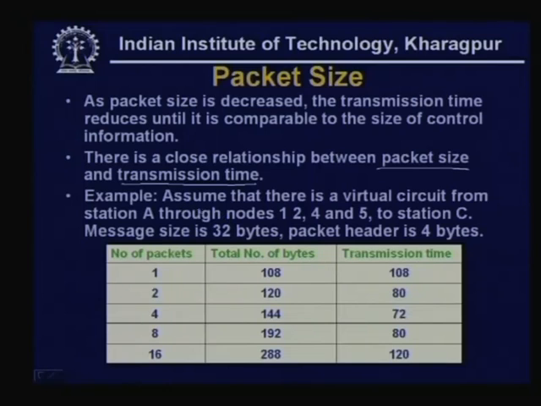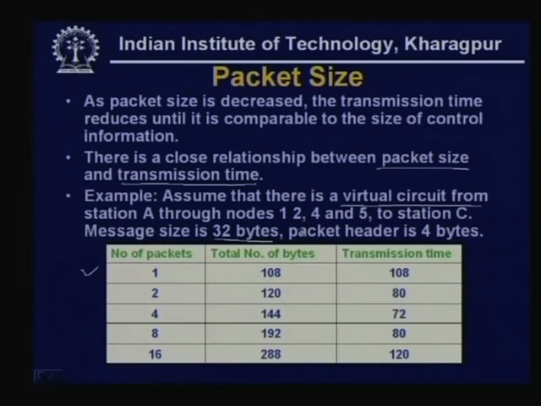Let us assume that there is a virtual circuit from station A through nodes 1, 2 and 4 and 5, same example, to station C. So, message size is 32 bytes, packet header is 4 bytes. Whenever the number of packet is 1, that means essentially it is message switching. The total number of bytes being sent is 108.